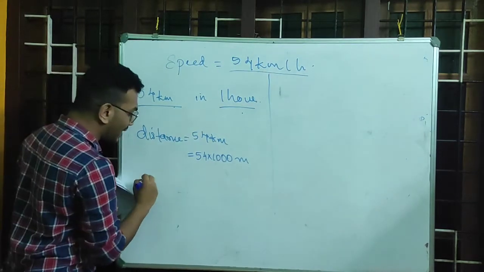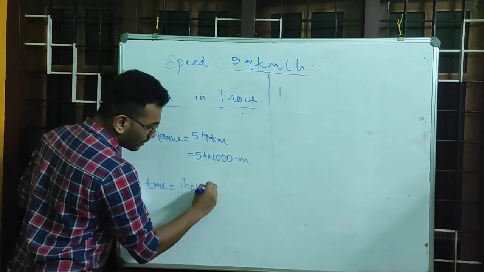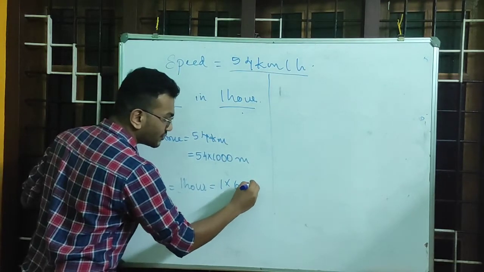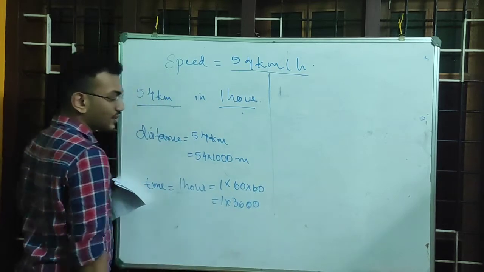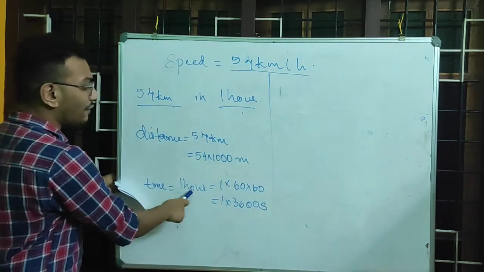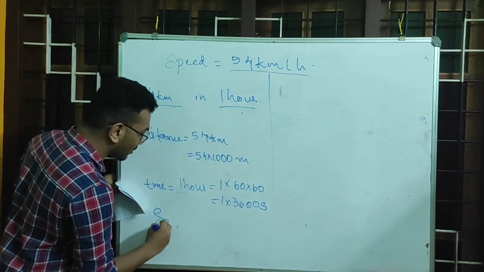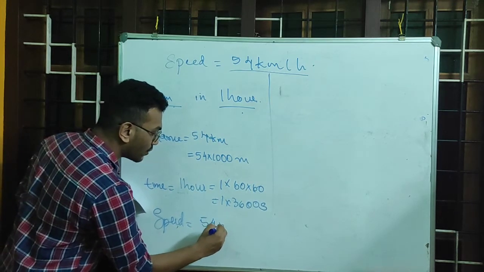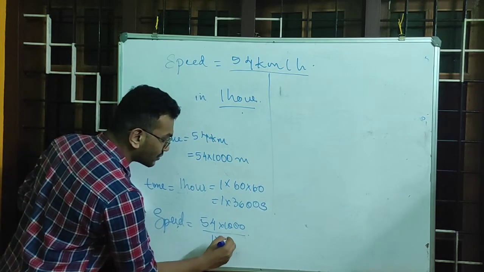Now what is the time taken here? Time is 1 hour. That is 1 into 60 into 60, that is 1 into 3600 seconds. Isn't it? Converting hour to seconds, that is 3600. So once again we can write speed is equal to distance by time, right? 54 into 1000 divided by 1 into 3600.